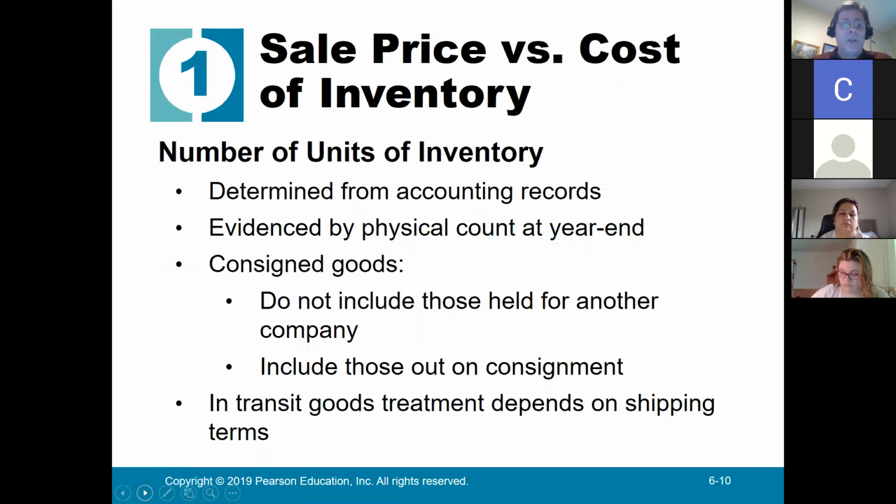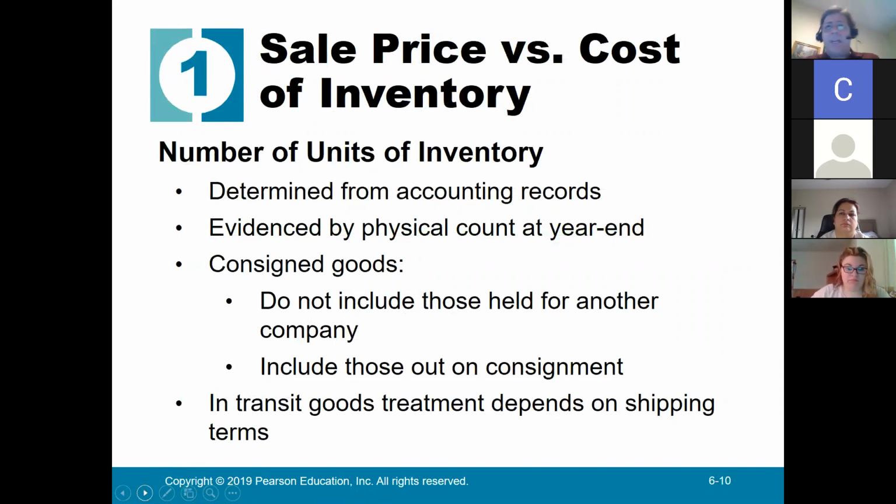A couple of little items here to think about. Consigned goods. I like to say sometimes that this doesn't get used as much as it used to, but there's still a decent number of people.